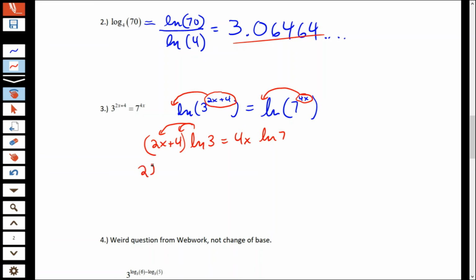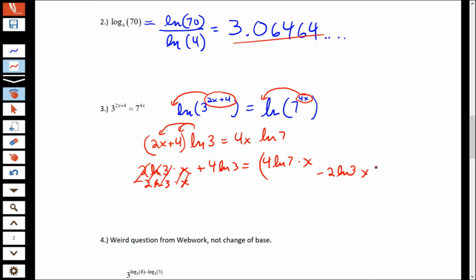So I get 2 natural log of 3 times x plus 4 natural log of 3 is equal to 4 natural log of 7 times x. And so I'm going to subtract this 2 natural log of 3x over. So that will cancel out on this side.